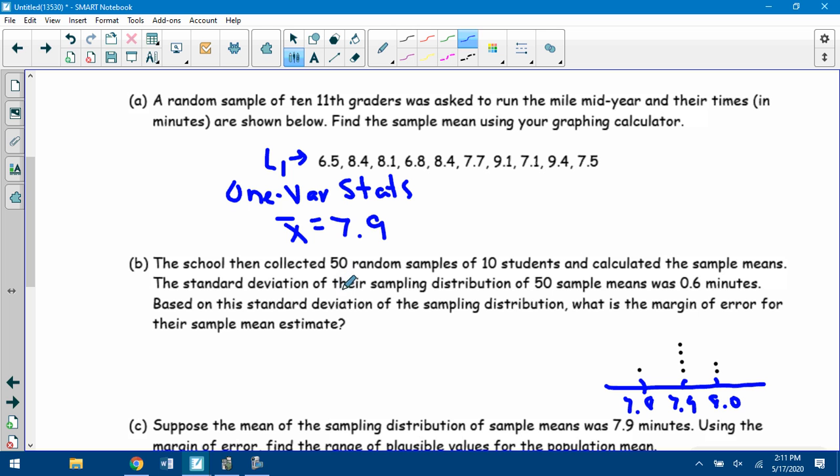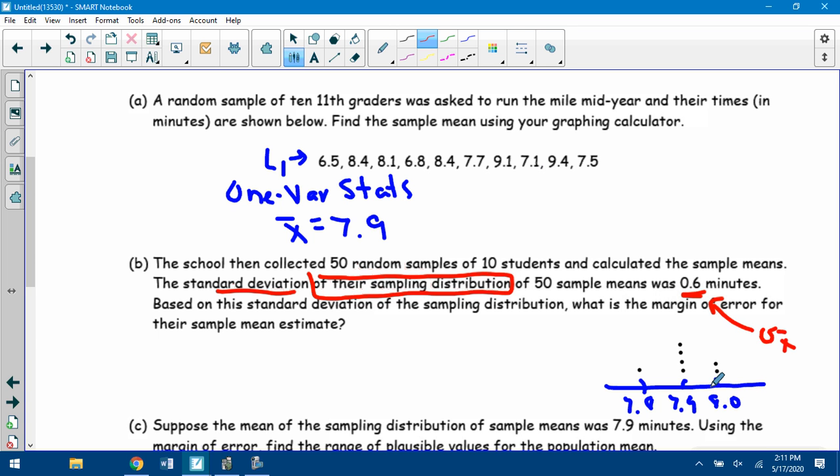They're saying the standard deviation of the sampling distribution. That's important. Is 0.6. So this is the standard deviation of all of the x bars, of all the means. So all the dots. It's not the standard deviation of one sample. It's the standard deviation of the whole distribution.